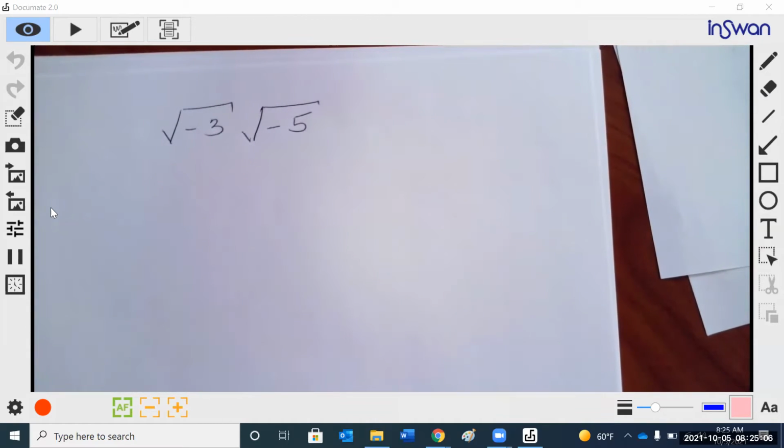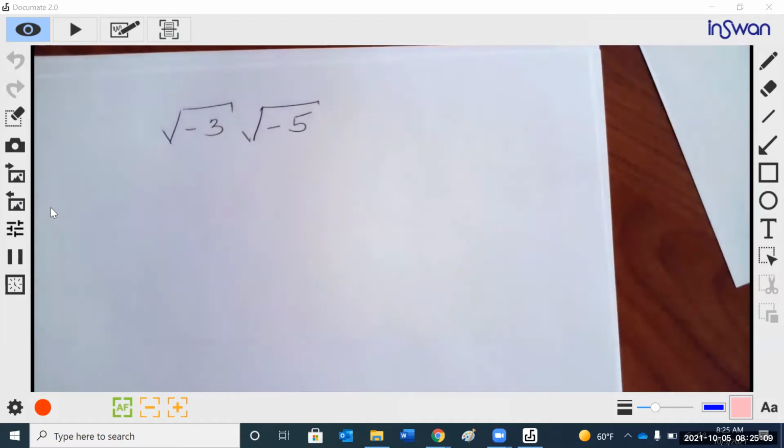Use the rule I just gave you on the last page.